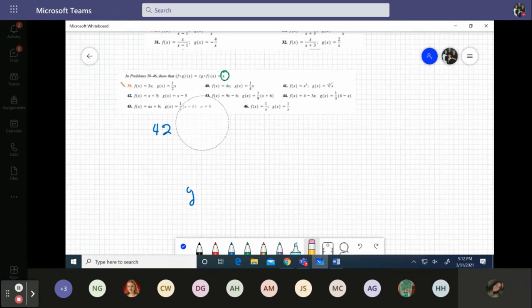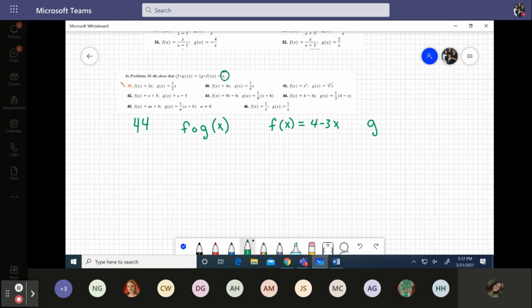How about 44? F of x is equal to 4 minus 3x, and g of x is equal to 1/3 times 4 minus x.